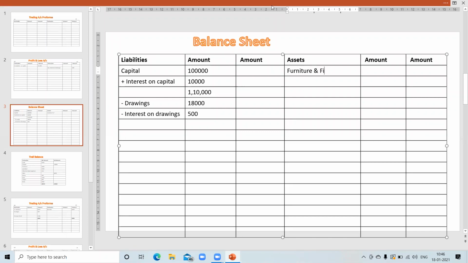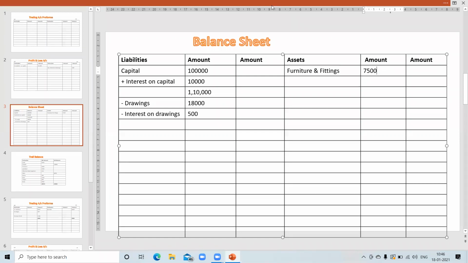Furniture and fittings. So the amount is 7,500. How to post in the inner column, because the adjustments are there.